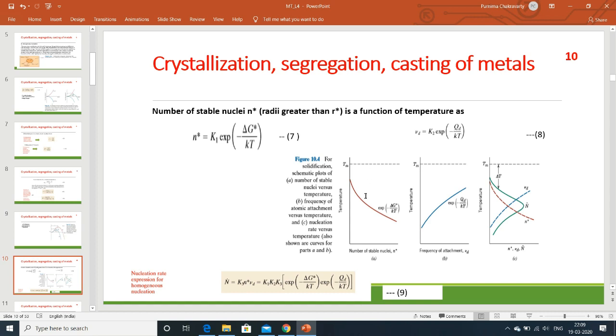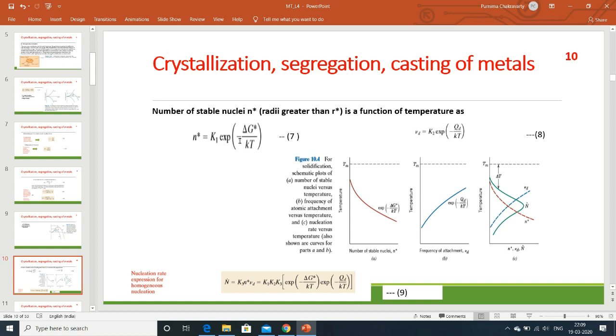As the temperature is lowered below Tm, the exponential term in the equation decreases, such that the magnitude of n star increases.